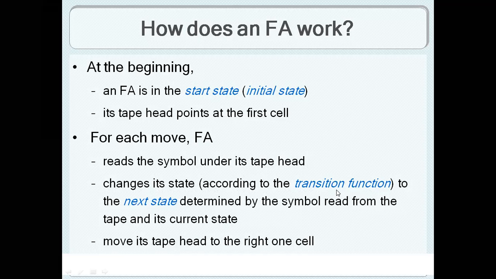According to the transition function, we change to the next state determined by the symbol read from the input tape and its current state. So the current state and the symbol read from the tape by the read only head are provided to the control unit.